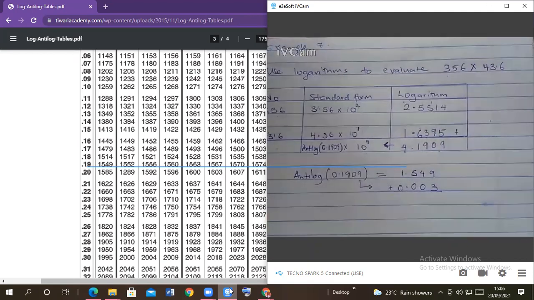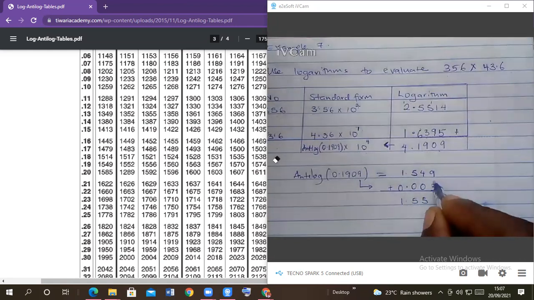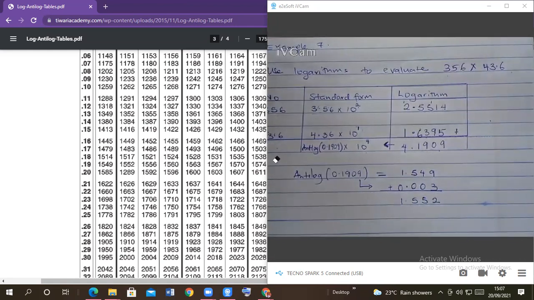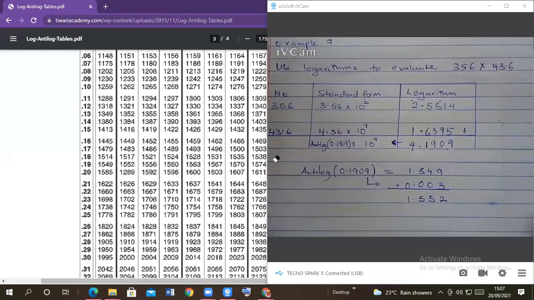So when you add that, what do you get when you add that to that? 1.552. Correct.